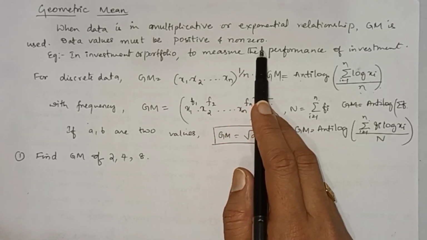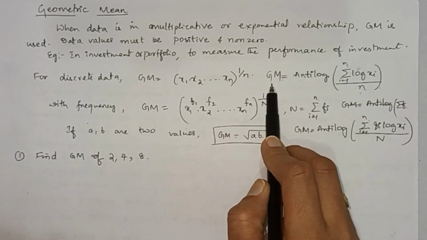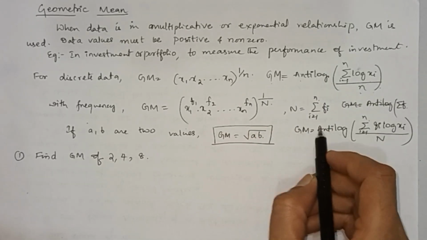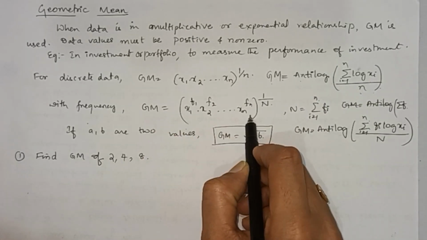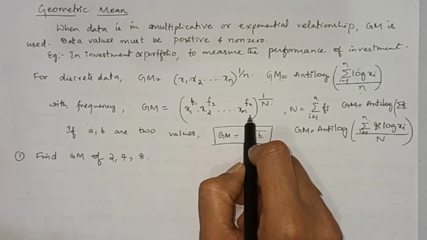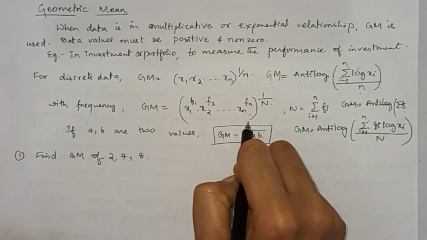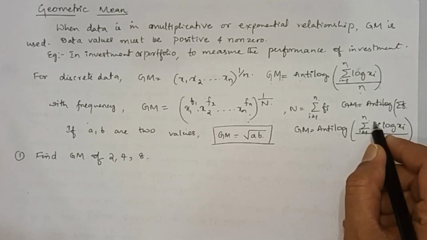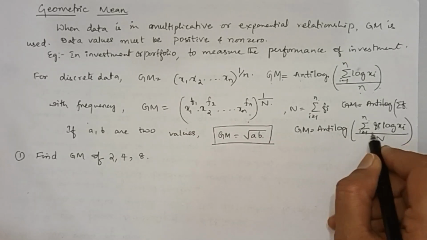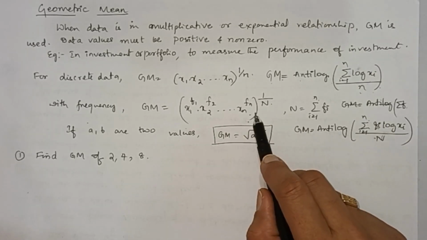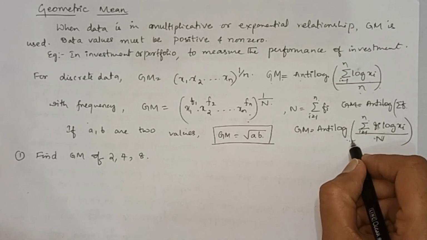So in that case we use this form of the geometric mean. The same formula applies for grouped data, that is for class intervals: the geometric mean is the antilog of the summation of fi into log xi divided by n. Instead of the product formula you can use this in terms of log.